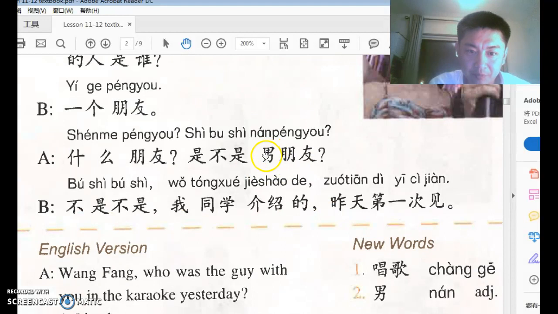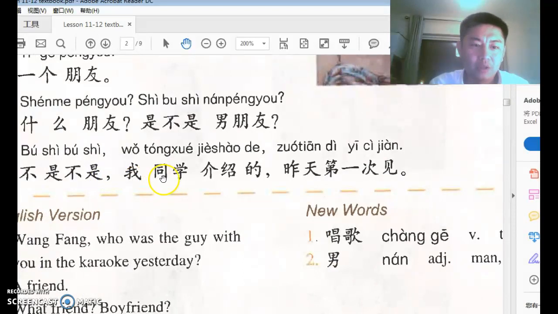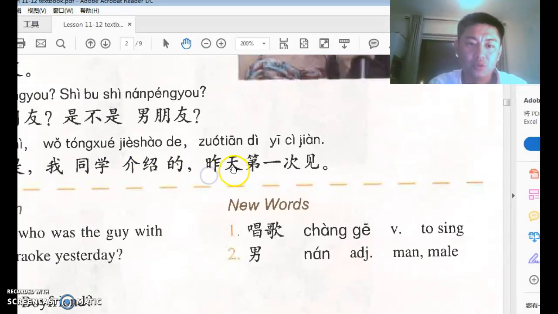It's the field and the power. Power in the field. So it's a male. B says 是不是? 不是. No. 我同学介绍的. A lot of omission here. 我同学介绍的朋友. Who introduced him? 谁介绍的? 我同学介绍的.